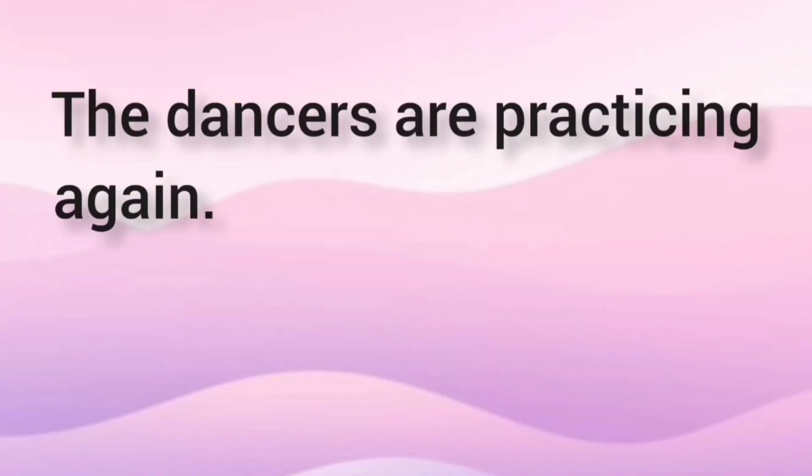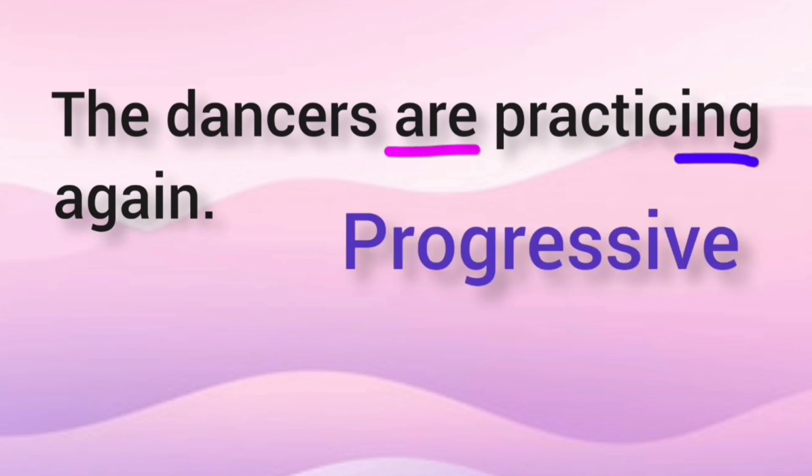For example, the dancers are practicing again. In this sentence, the verb to be is are, and it's an auxiliary verb because it has the presence of the progressive practicing.